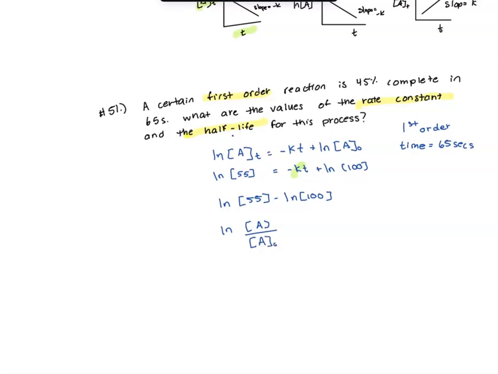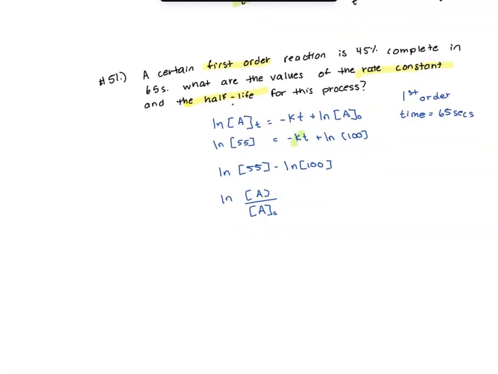We did say that our initial was going to be the whole. So then it'll be the remainder over the whole. So it'll be natural log 55 over 100.